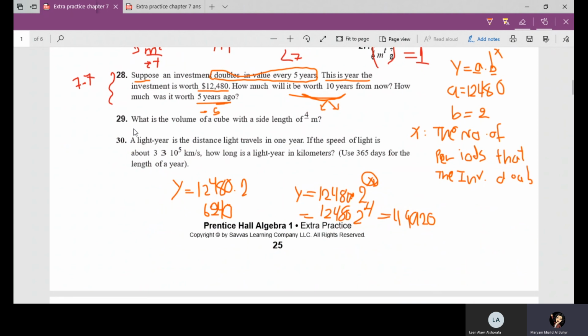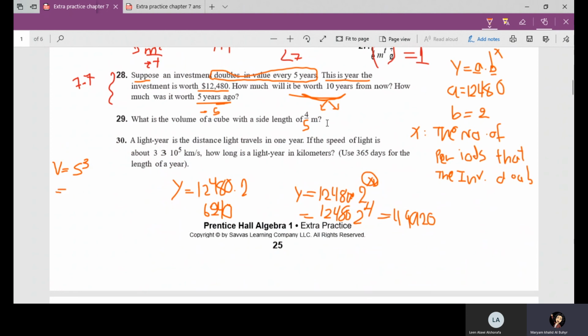Now let me solve with you: what is the volume of a cube with a side length of 4 over 5? It's 4 over 5; here it does not show 4 over 5. You know the volume of the cube: you take the side, then you raise it to the power 3.